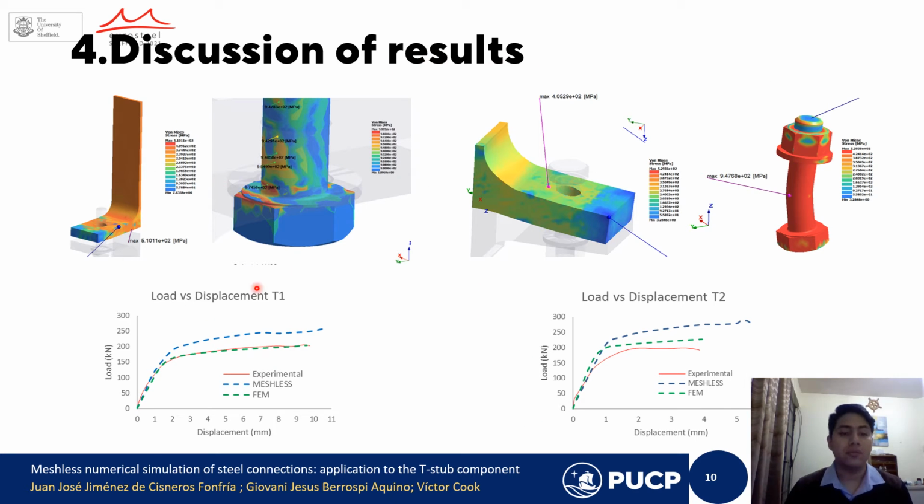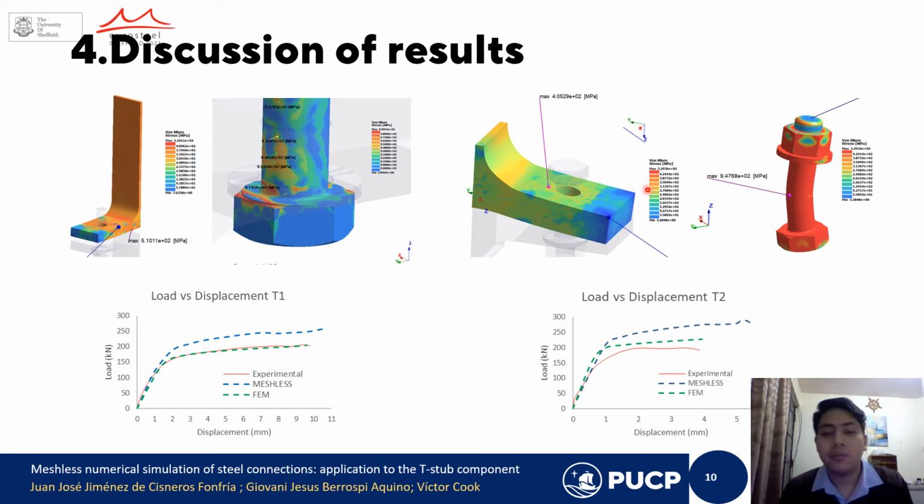Discussion of results. We obtained the stresses in the T-stub and in the bolt for both T-stub T1 and T-stub T2. In T-stub T1, the maximum stress was 500 megapascals in the zone near the fillet radius, and in the bolt it was 974 near the head of the bolt.